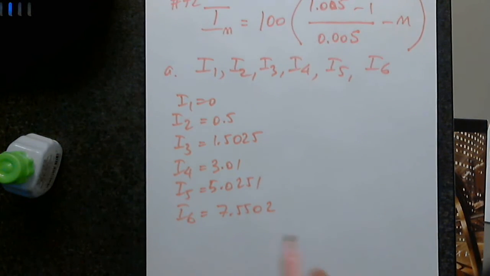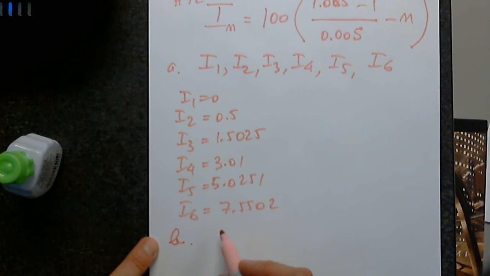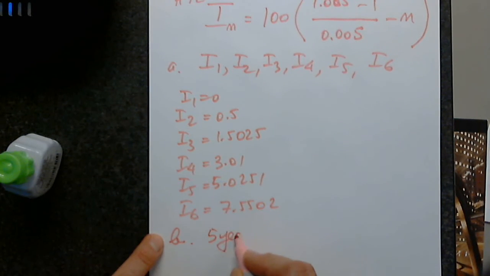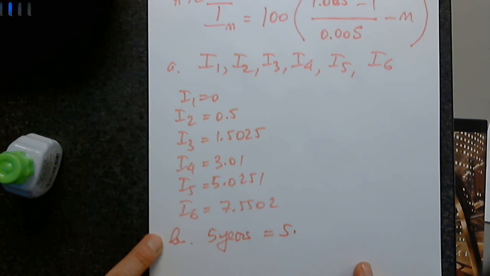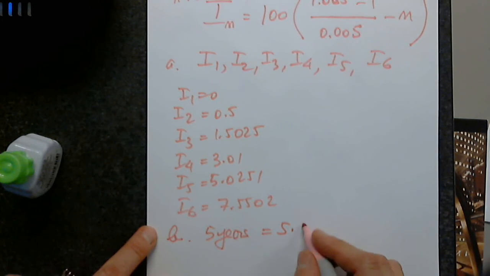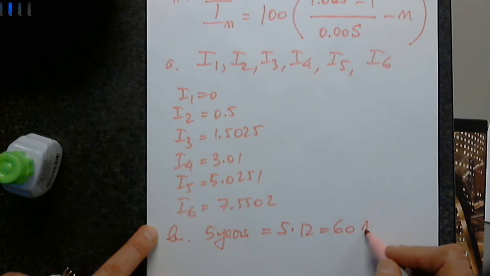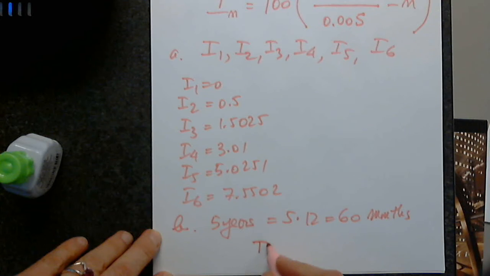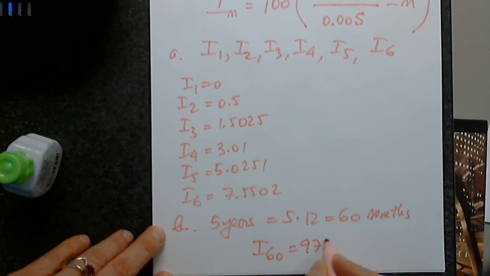So in part B, they want us to find the interest she accumulated after 5 years, which equals 5 multiplied by 12, which is 60 months, because in the formula we have n in months. So plug in 60, and you will see the interest accumulated, $977. So I-60 is 977.